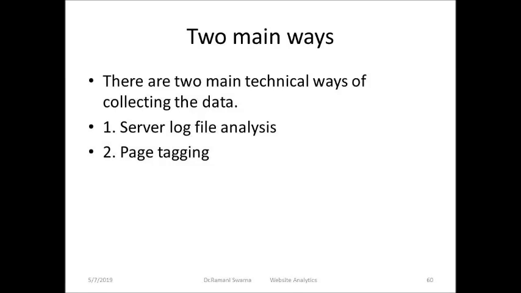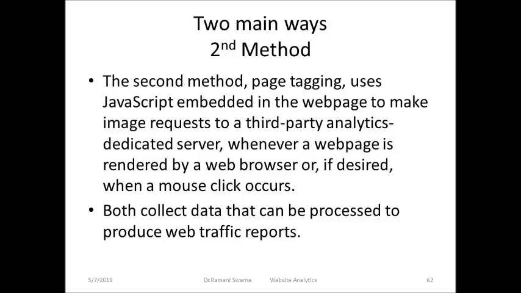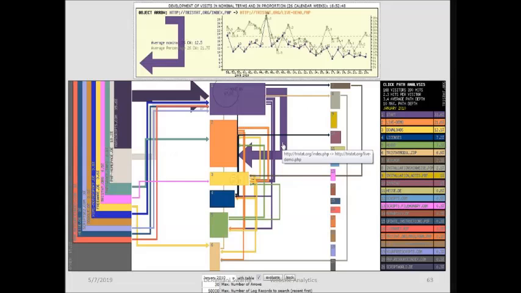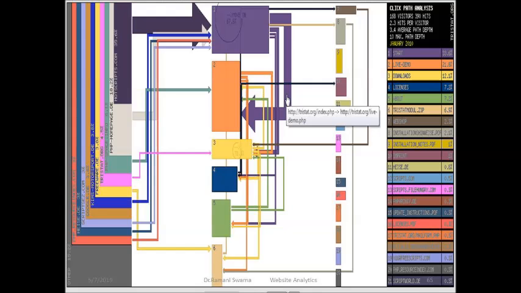So both collect data that can be processed to produce what we call web traffic reports. So we will see here now, when I'm visiting a particular website, with a click of the mouse, what is happening, and if I don't, and I'm just observing it from far off, what exactly is taking place. So these differences also carry a lot of importance, and we will see more of it later in the next part, or maybe in the future parts of the presentations on the website analysis.